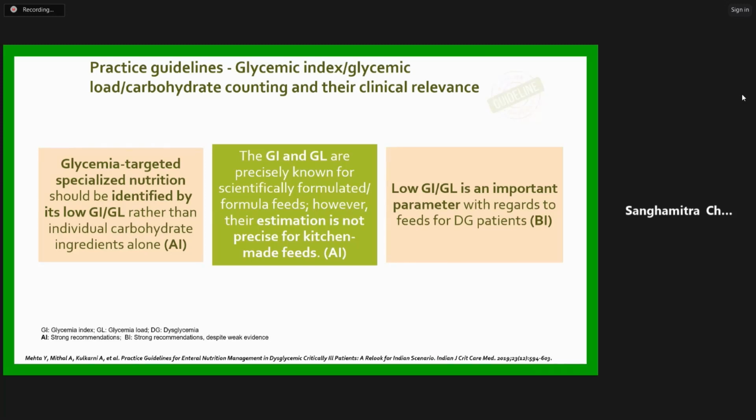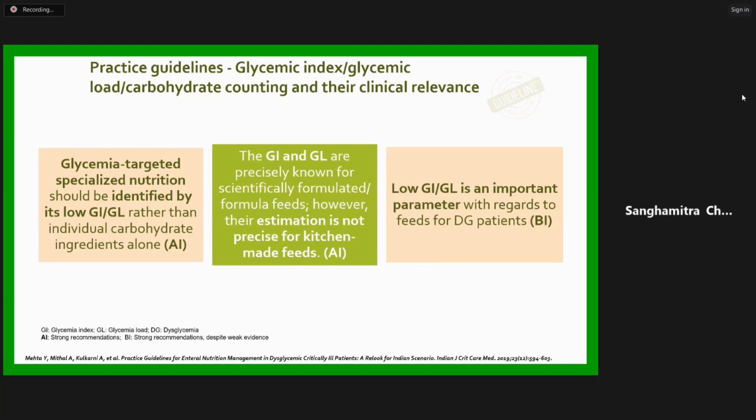But the entire formulation should be taken into account, not just the individual carbohydrate. The GL and GI are precisely known for the scientific formulations, which is a very big advantage. Low GL and GI is an important parameter for feeds for dysglycemic patients. This I think I've already mentioned.